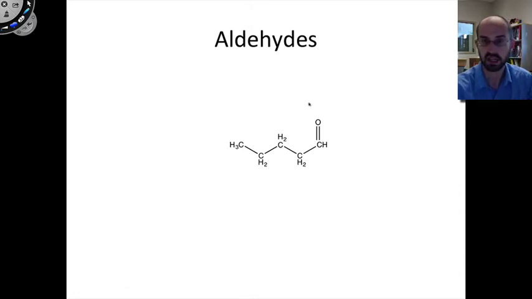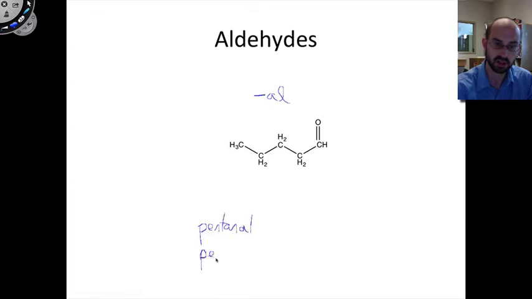Aldehydes have the suffix -al. So this one is pentanal, or pentanaldehyde. And with aldehydes, you don't have to say 1-pentanaldehyde, because the aldehyde functional group has to have an H and a carbonyl.